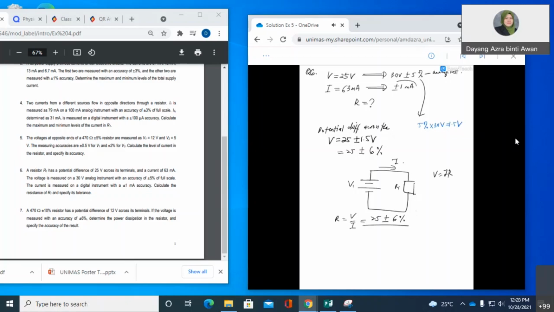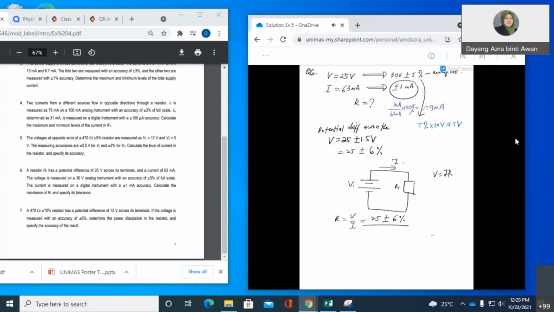So this one you need to change to percentage, which is around 1 milliamp divided by 63 milliamp multiplied by 100%. So you have around 1.59%.